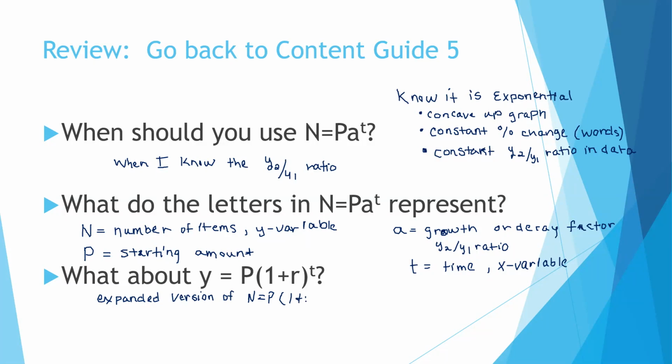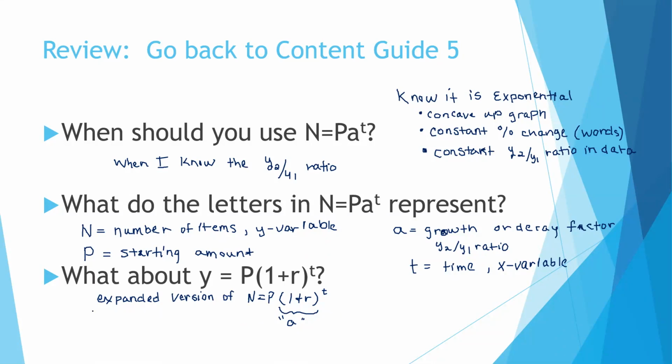We see the T's matching up. And we see that the y variable is used instead of n, but everything else matches up. So in this formula, this 1 plus r calculates the a in the NPAT. And so it is a different way to get to the NPAT formula.